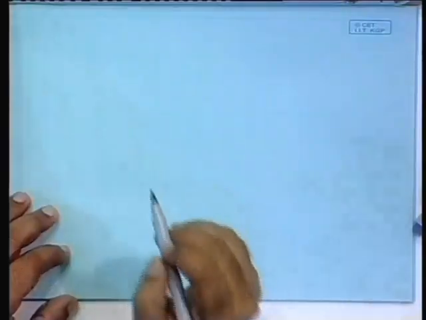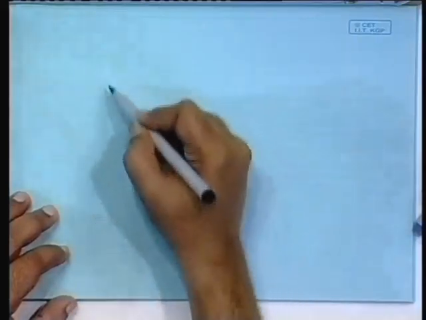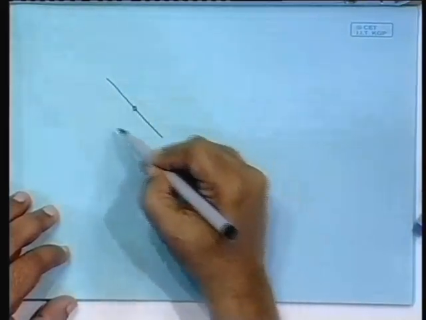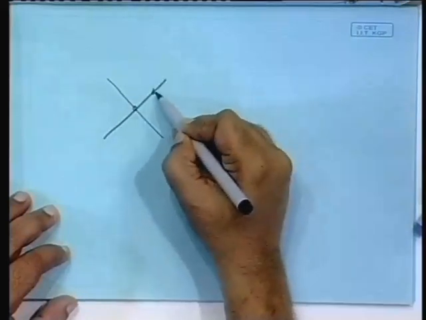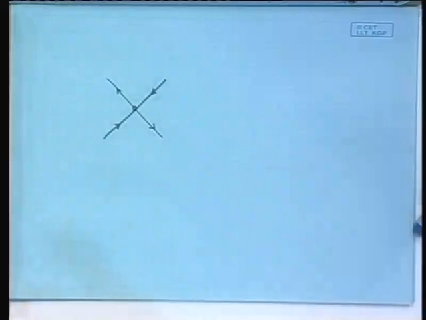Let us, in order to understand that, understand a few other issues. When we say that you have got a saddle fixed point, a saddle fixed point means where the eigenvalues are such that you have got an outgoing direction, one incoming direction.